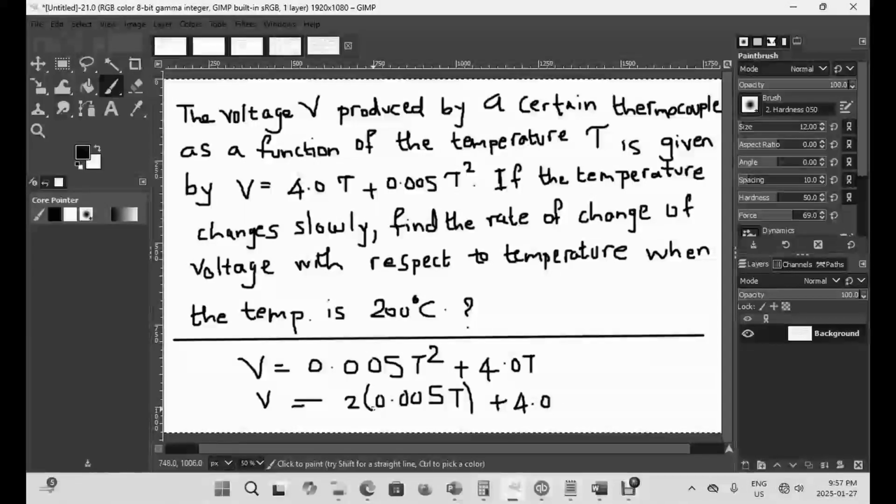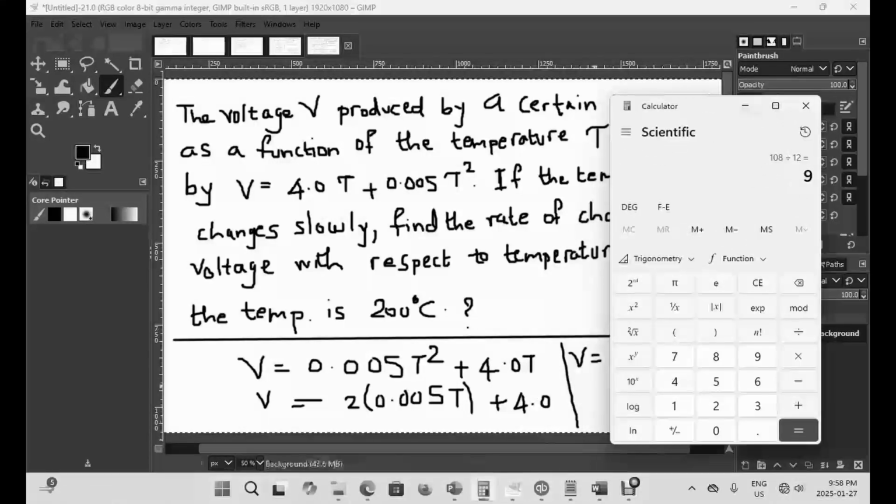So 2 times 0.005T. We know that T is 200 degrees Celsius, so we'll sub in this value. This will become 2 times 0.005 times 200 plus 4.